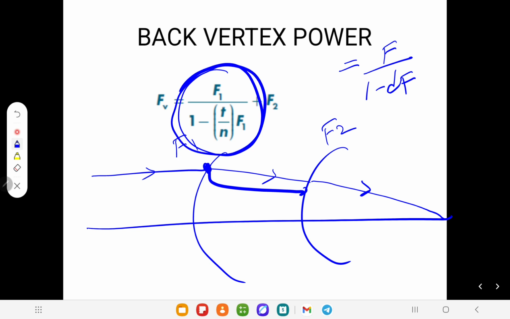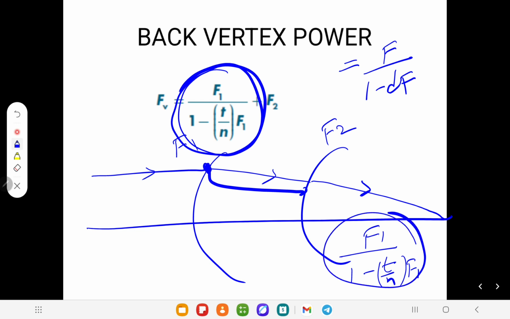See, let me clarify. F1 divided by 1 minus t divided by n into F1. It means, what is the vergence of light when it strikes F1, travels t distance and reaches the back vertex power?